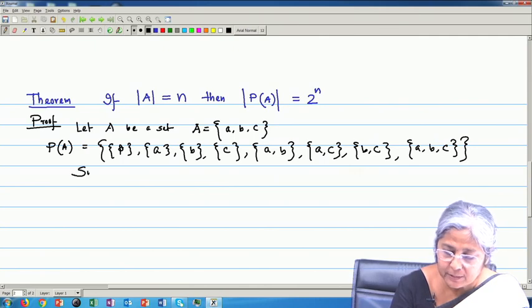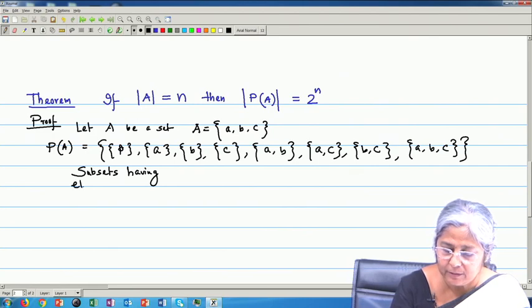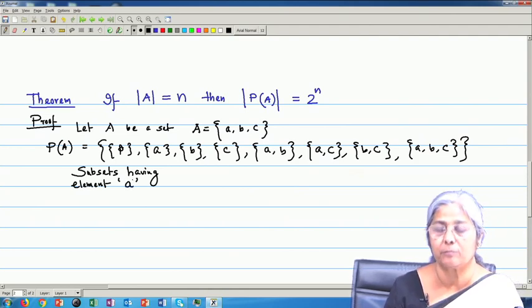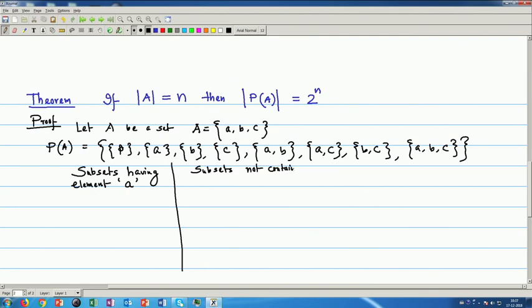One class is the subsets having element A, say one particular element A I am considering, and the other is the subsets not containing element A. What are the subsets having element A?